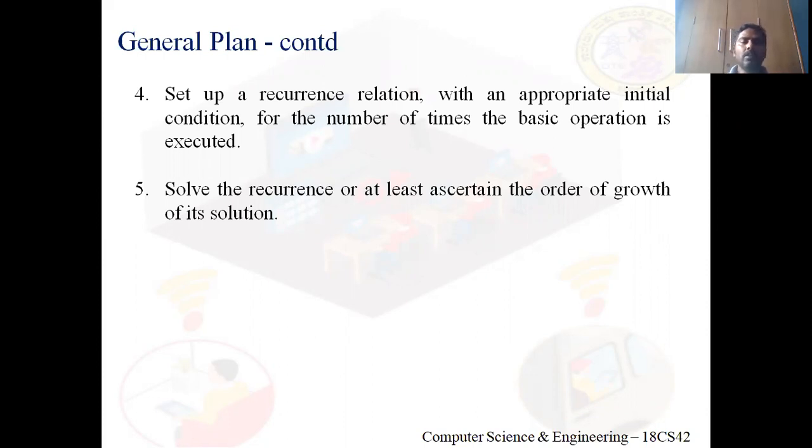Clear? So now, the fifth step says that once you have set up a recurrence relation with an appropriate initial condition, and that recurrence relation represents the count for the number of times the basic operation is going to execute, you need to solve this recurrence relation, which you have learned in discrete mathematical structures. Once you solve it, you will get the count for the basic operation.